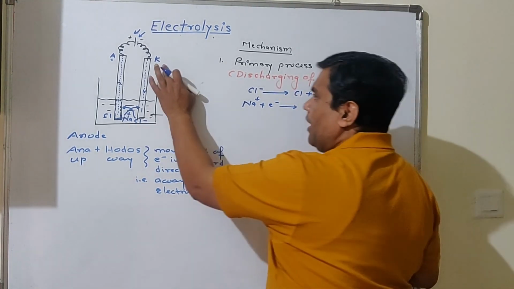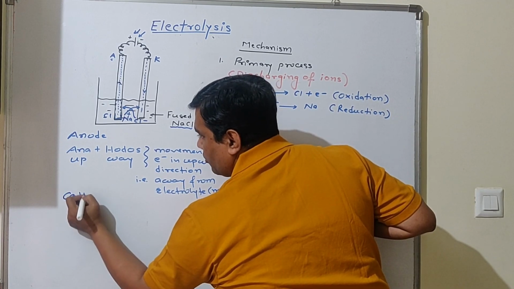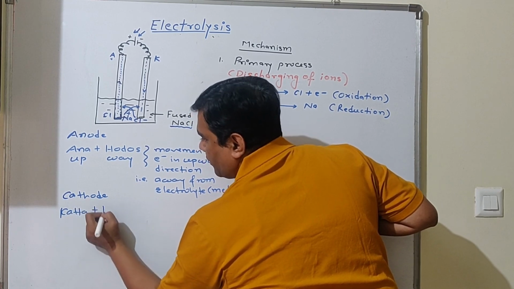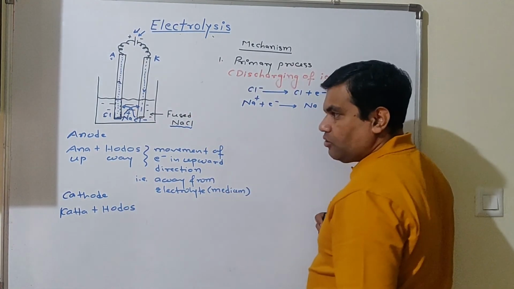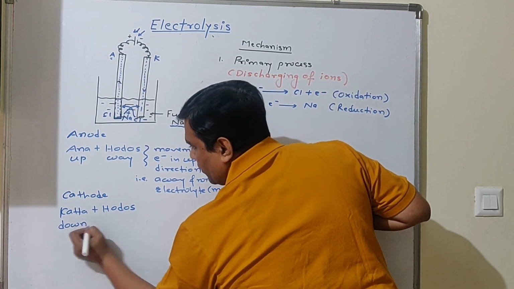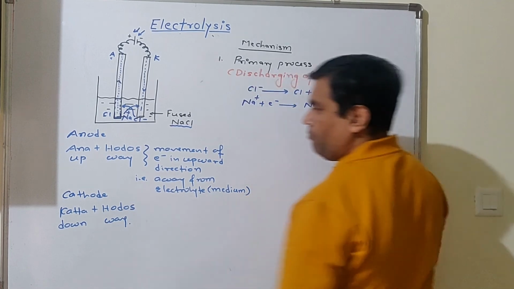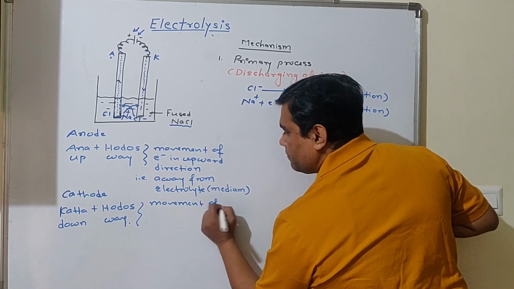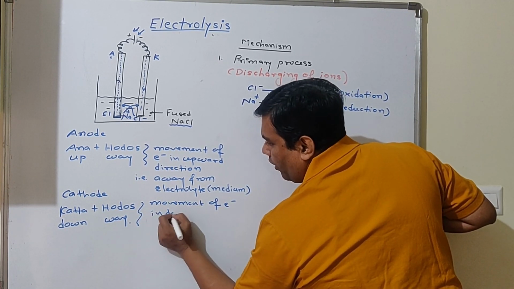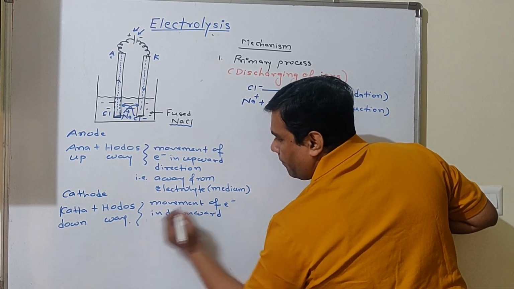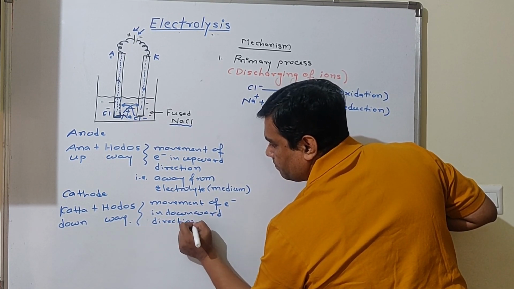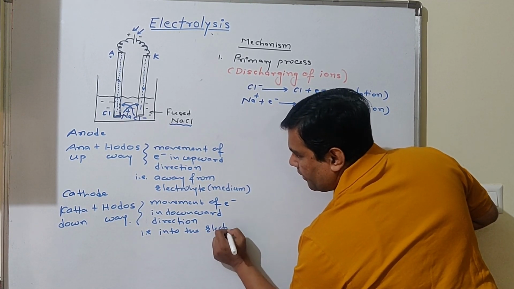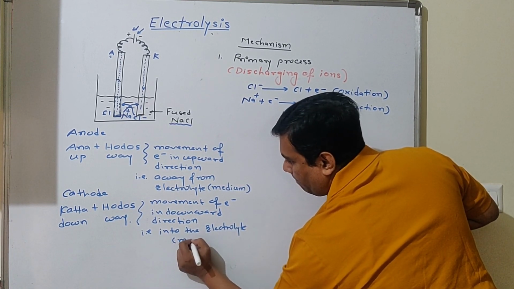Similarly, if we talk about cathode, what is cathode? Now, cathode came down from kata plus hodos. Now, what is kata plus hodos? Kata stands for down and hodos stands for way. That means the movement of electron in downward direction, that is into the electrolyte or medium.